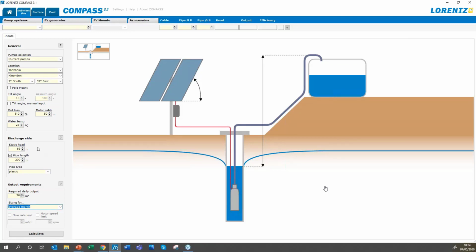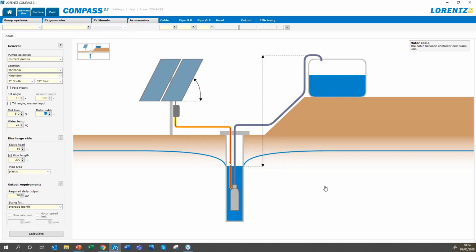And for completeness, the other thing I should really complete is these two factors here. So motor cable, you can see always, when I click on one of these, it's going to give me a hint as to what we're looking for. If we think about our 69 meter static head, we know we had 52 meters in a borehole.